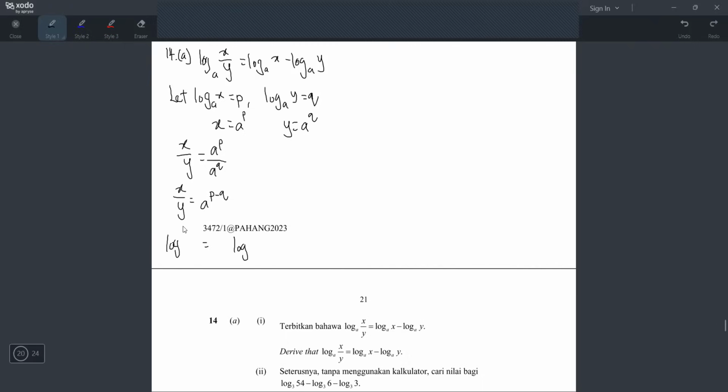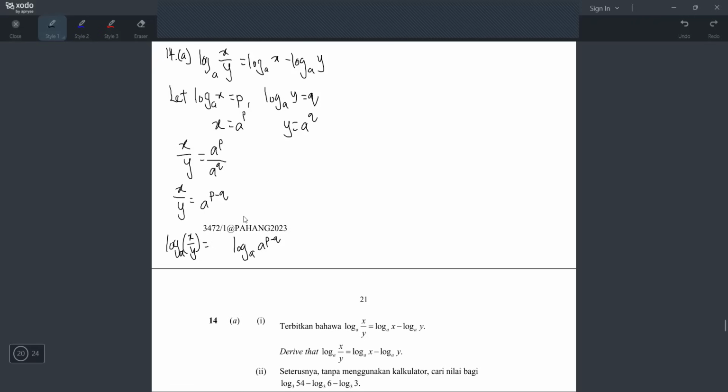But what is the log base? It can be any base, base 10, base 5, but I will use base a, because the formula I'm proving is all in base a. So you write x over y on this side, and on the other side a power p minus q, where the whole p minus q is the power.